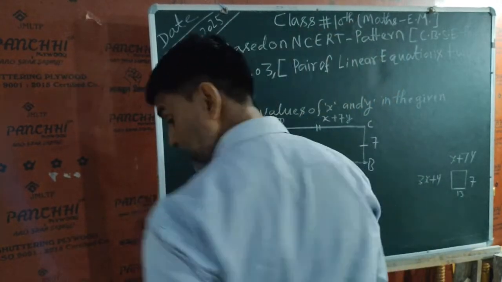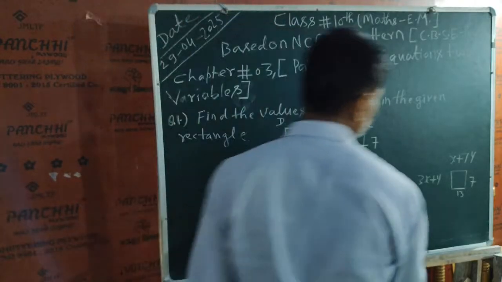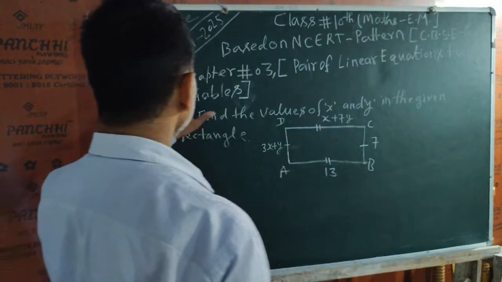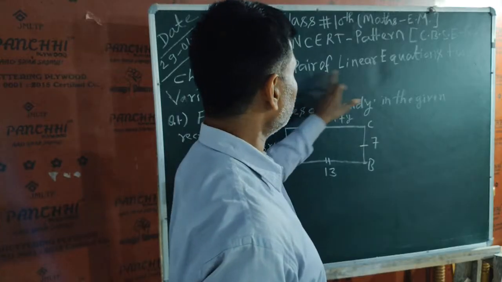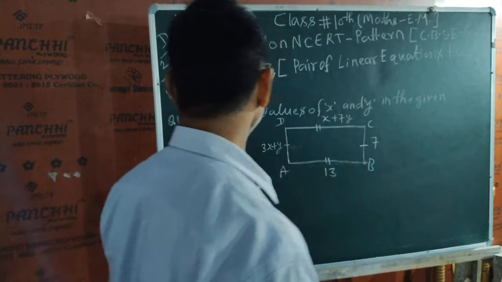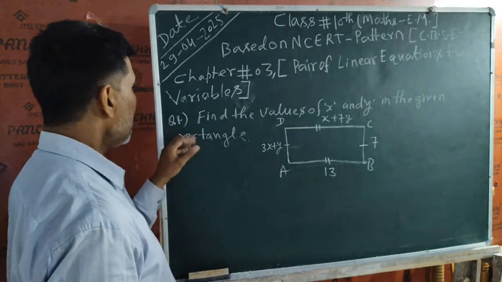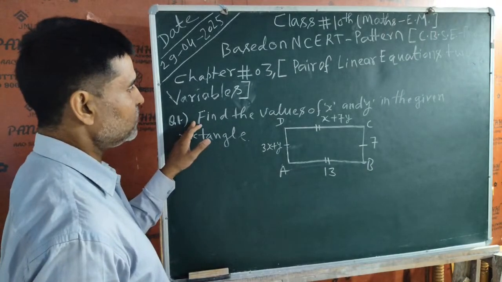Okay students, this is the question related to a pair of linear equations in two variables x and y, from chapter number 3. I have taken the question from the textbook, and in this question we have to find the values of x and y.